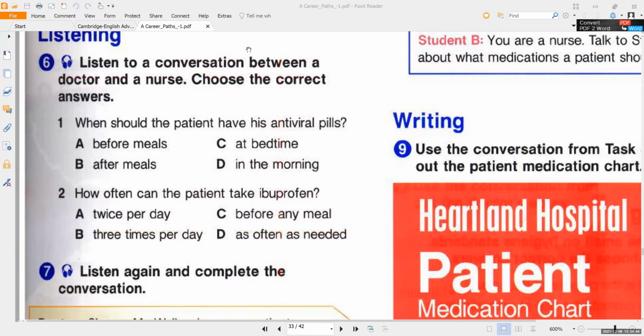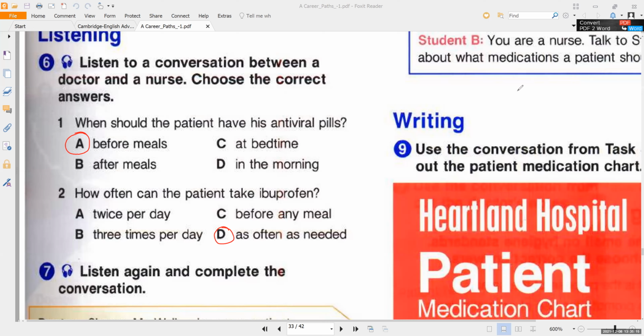Okay, so number 1, when should the patient have his antiviral pills? He said before having meals, or before he has his food, so that's before meals. How often can the patient take the ibuprofen? This is as needed, as often as he needs.